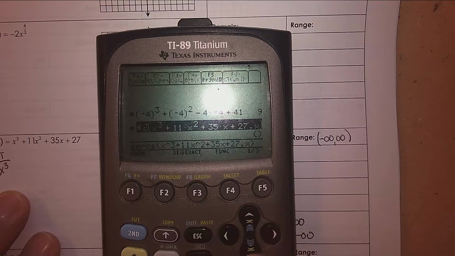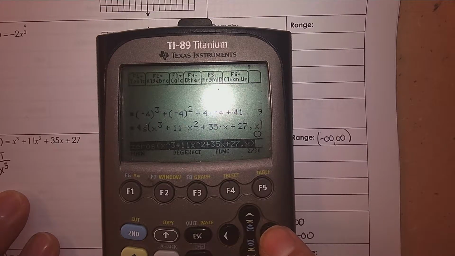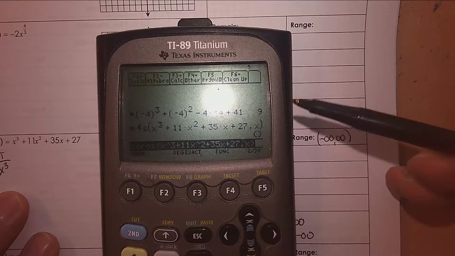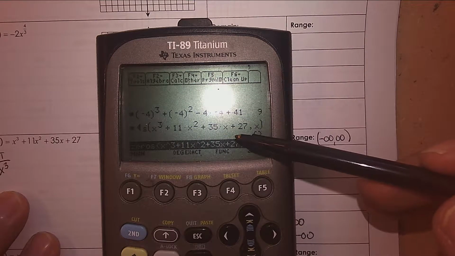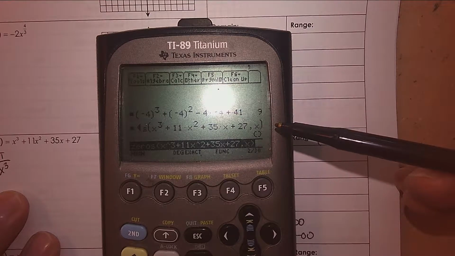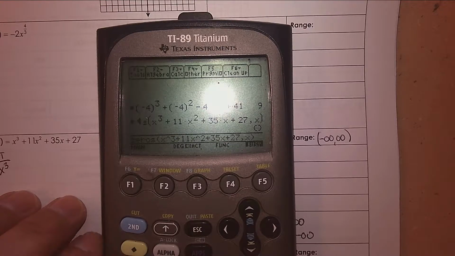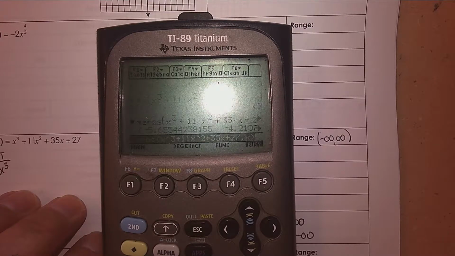That's being silly, right? Did I type it in okay? x cubed plus 11x squared plus 35x plus 27. I know what answers I should be getting. There they are.